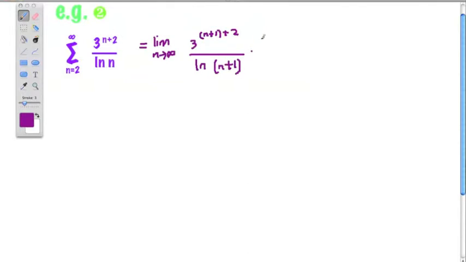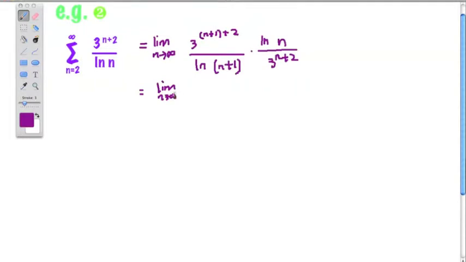Then we multiply by ln n over 3 to the power of n plus 2.